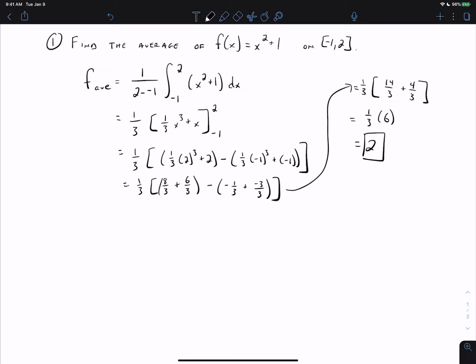There's something called the mean value theorem for integrals. Okay, so the mean value theorem involving the average value. And so we want to talk about that real quick.